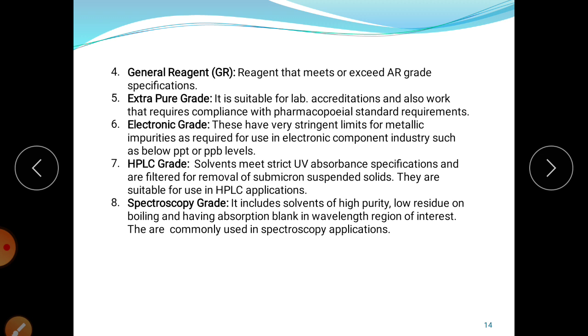Then we have the seventh one, that is HPLC grade. Basically the solvents fall under this category. These are solvents which meet strict UV absorbance specifications.